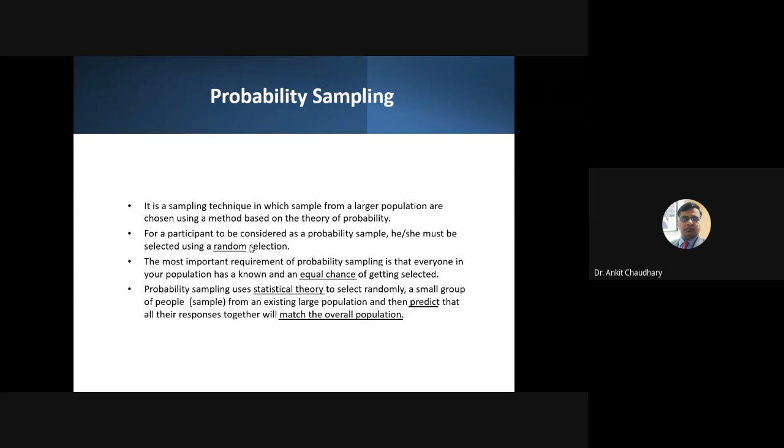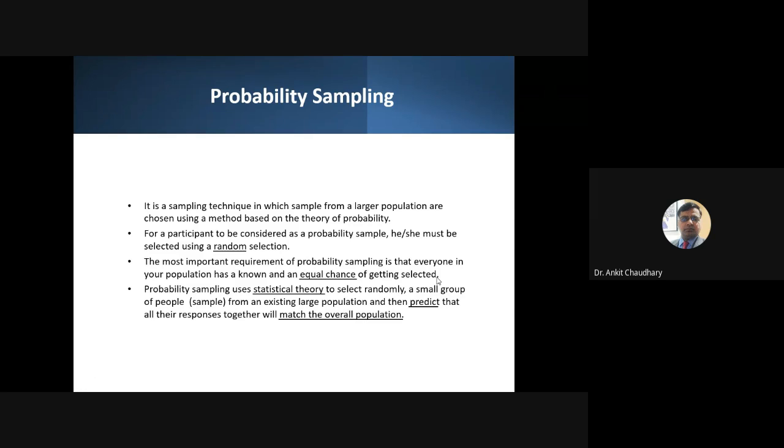If you know how the computer works, you know that a computer is a very mechanical machine and needs to be told how to behave. It will behave in the same way. So every point must have an equal chance of getting selected.